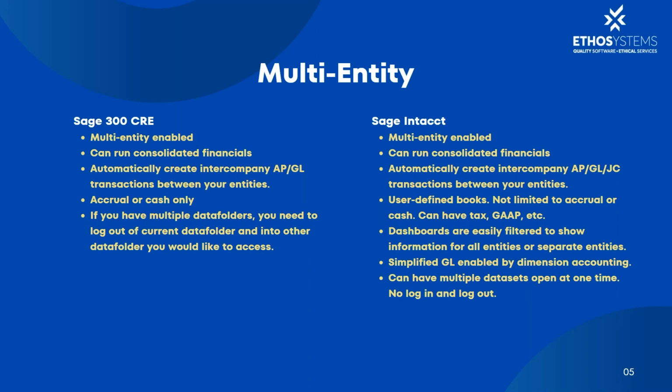There's also a simplified GL enabled by dimension accounting. Dimension accounting allows you to apply tags to transactions based on department, location, and so on. That allows for one set of books, and you can then run consolidated or separate financials based on these dimensions very easily.